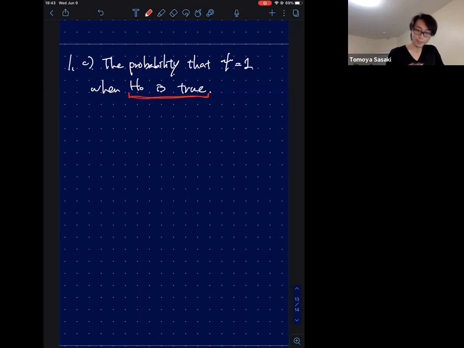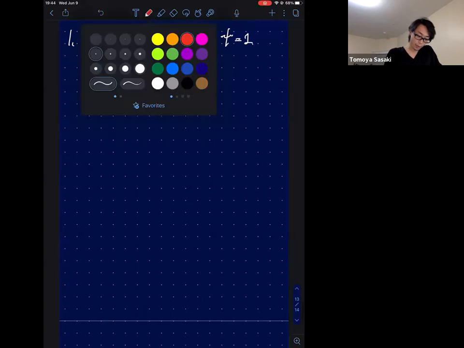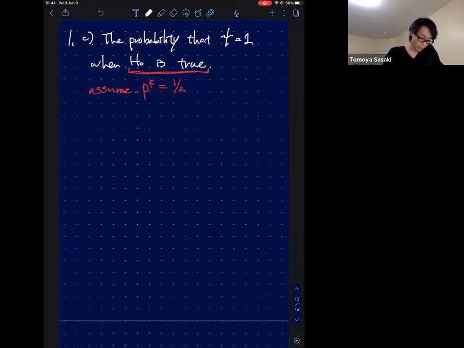When we say H naught is true, under this setup, it means that we're going to assume that P star is equal to 1/2. Basically, this is what H naught is true implies. So we're asking, what is the probability that psi equals 1 when we assume that P star is equal to 1/2? And this is exactly what hypothesis testing is doing. I'm going to explain in a minute.